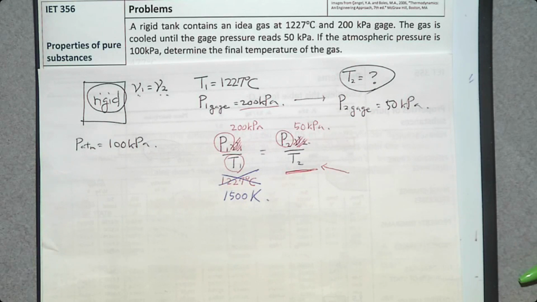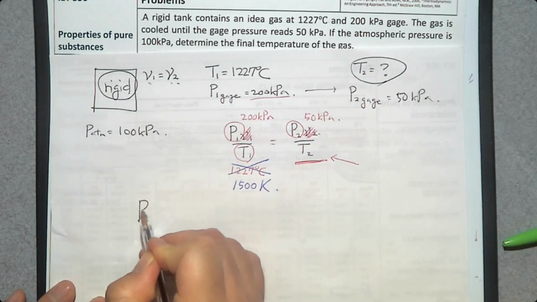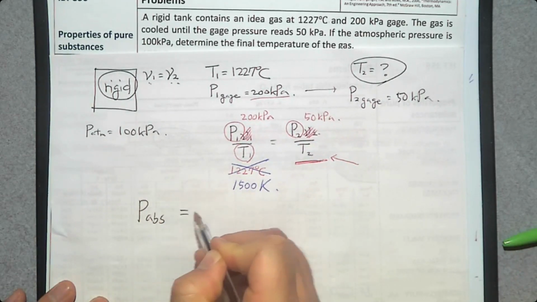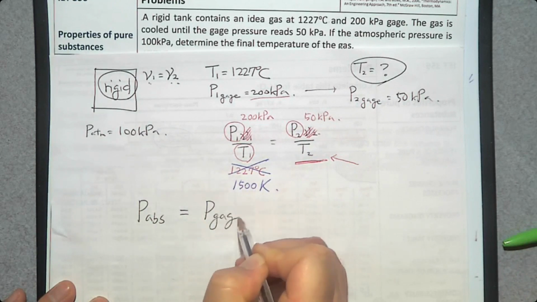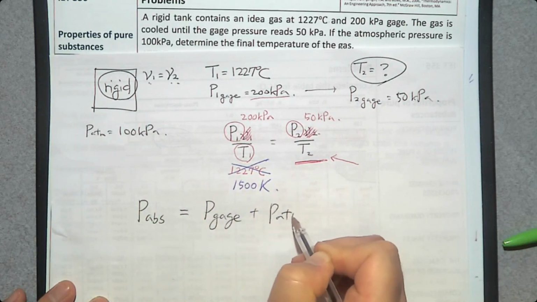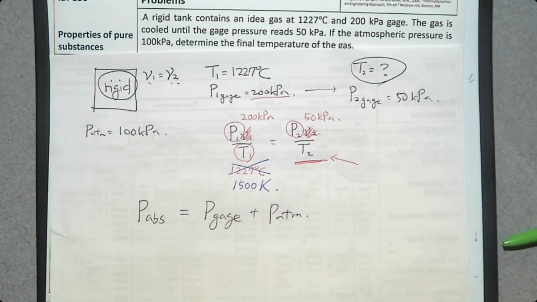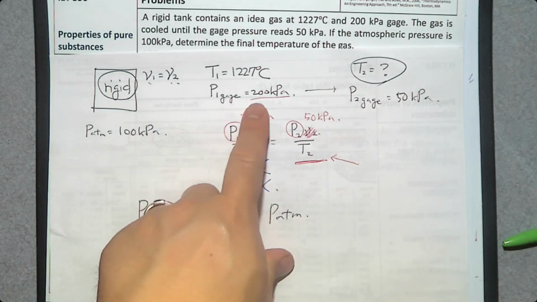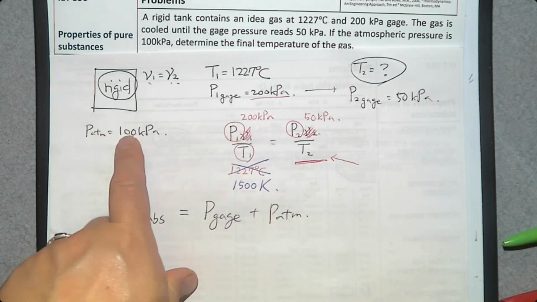So let's convert these to absolute pressure. How can you do that? P absolute is P gauge plus P ATM. P ATM is anti-braking system, P ATM is automatic teller machine, right? No. Absolute pressure is gauge pressure plus atmospheric pressure. So gauge pressure is 200, atmospheric pressure is 100.